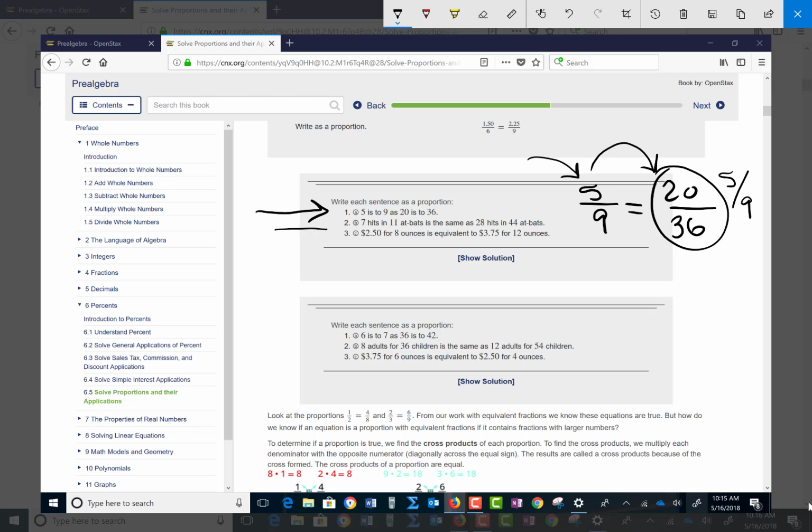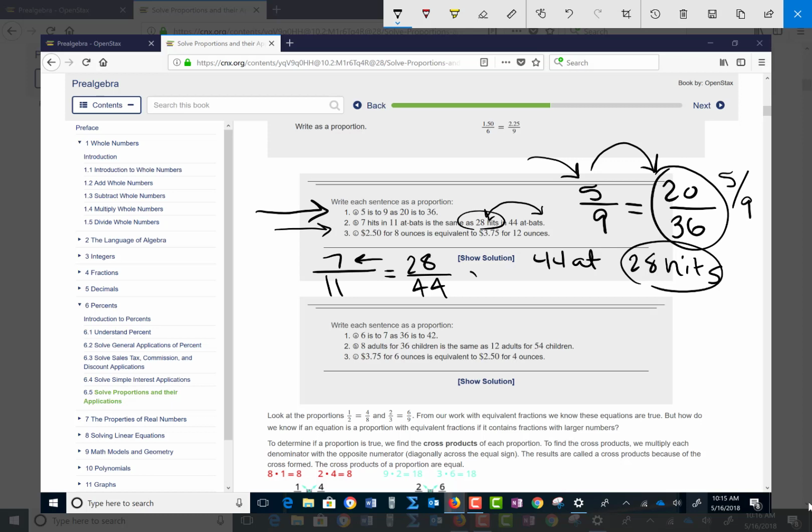Number 2, 7 hits in 11 at-bats. So we want to make sure that we have the hits on the top. So 28 hits over 44 at-bats. Now, you want to be careful because sometimes the words may be switched around. So if this had said 44 at-bats in 28 hits, you would want to make sure that when you look at this proportion, since hits is on the top here, you would want to put the hits on the top here.